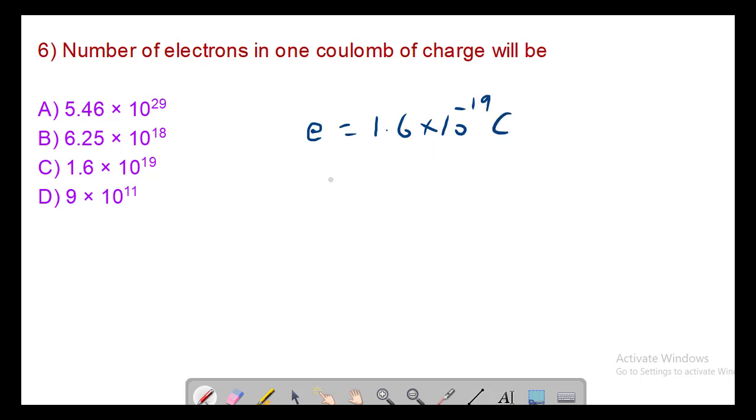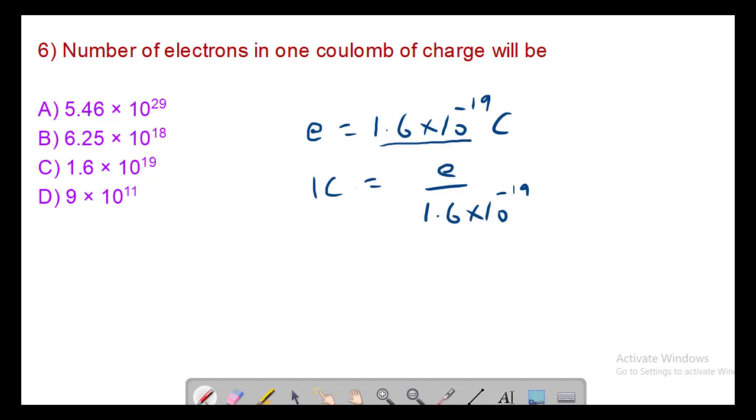So if you want to find 1C, 1C would be equal to e upon 1.6 into 10 raised to minus 19, just cross multiplying this 1.6.